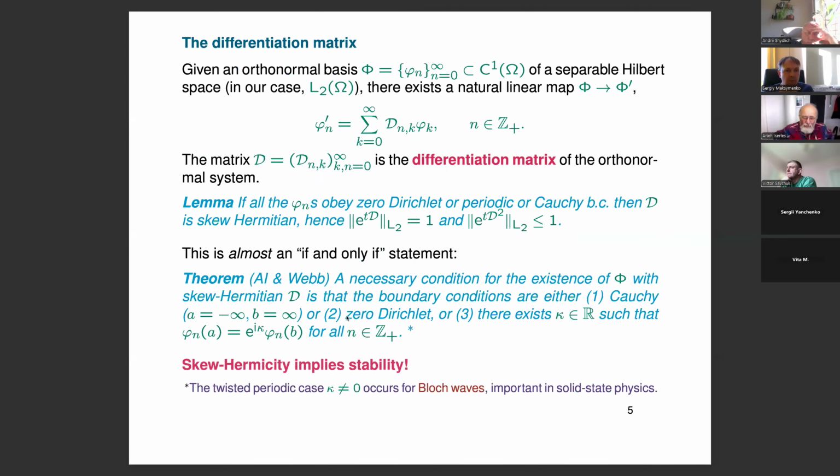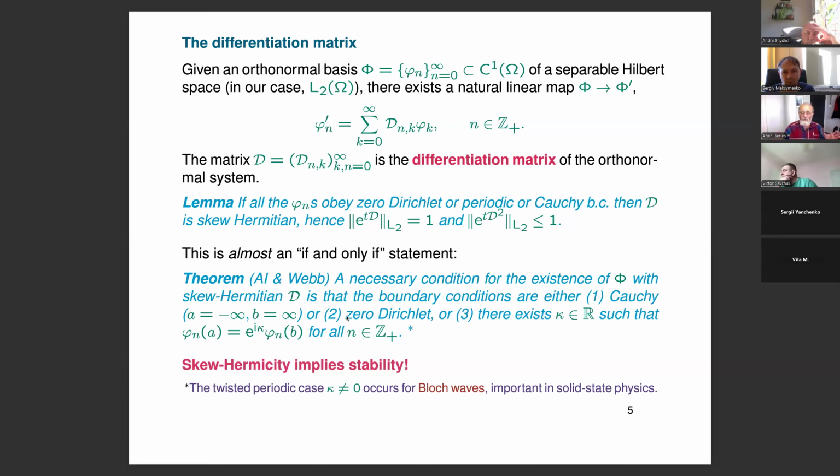And now let us try to go further into spectral methods. And I want to define one concept which turns out to be absolutely central to the analysis, the differentiation matrix. So suppose we have an orthonormal basis, and suppose the orthonormal basis consists of C1 functions. Then there exists a natural linear map taking the basis into its derivatives.